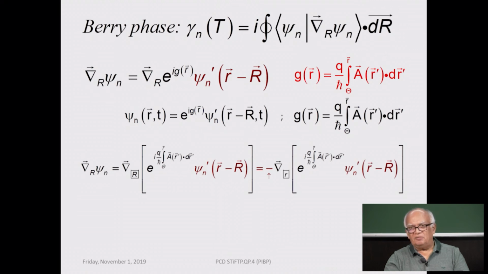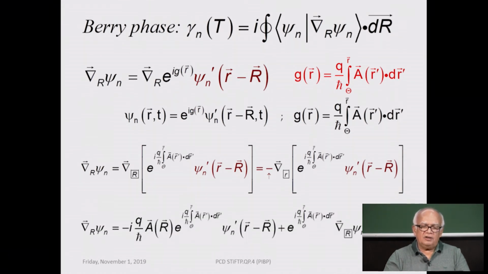So, that will pick up a minus sign, because the two appear in this context with opposite signs. So, now on the right hand side I can take the gradient with respect to the lowercase r instead of the uppercase r, and when I do that I must use a minus sign, okay.